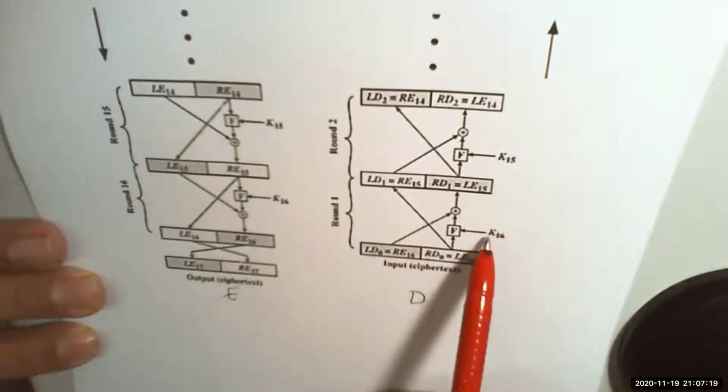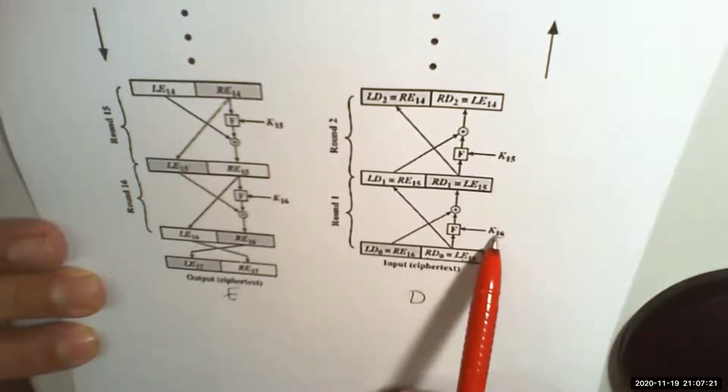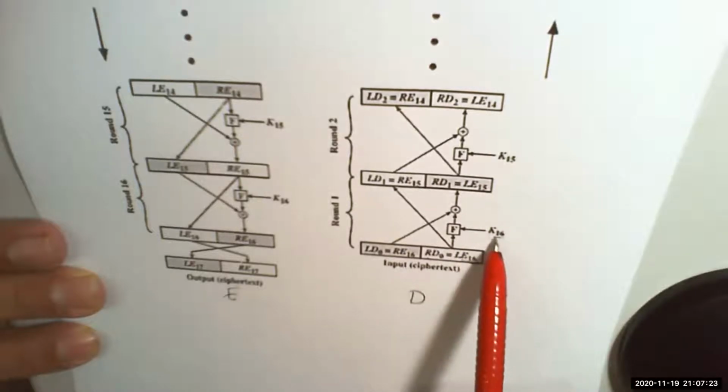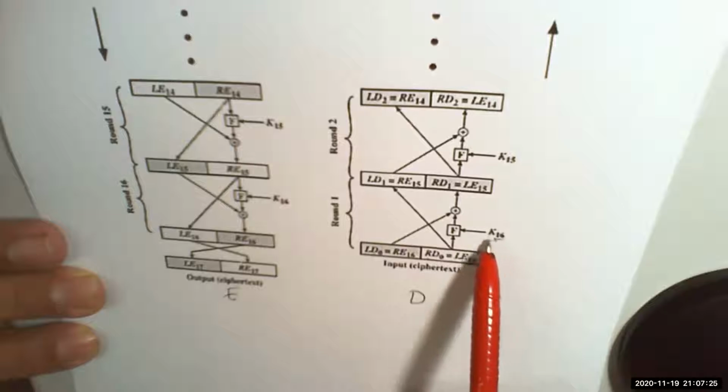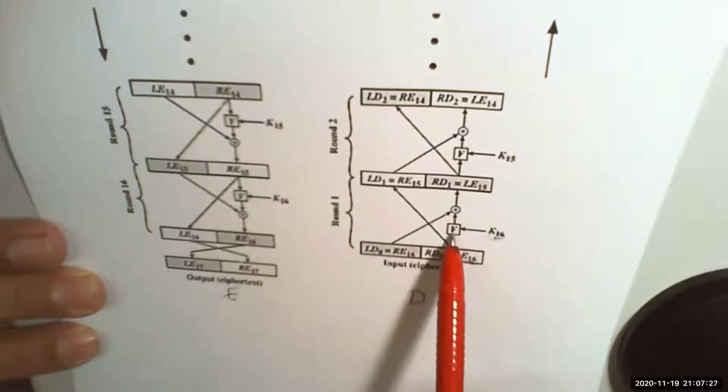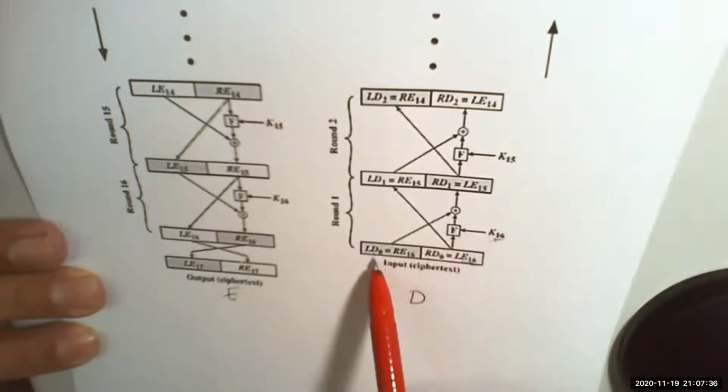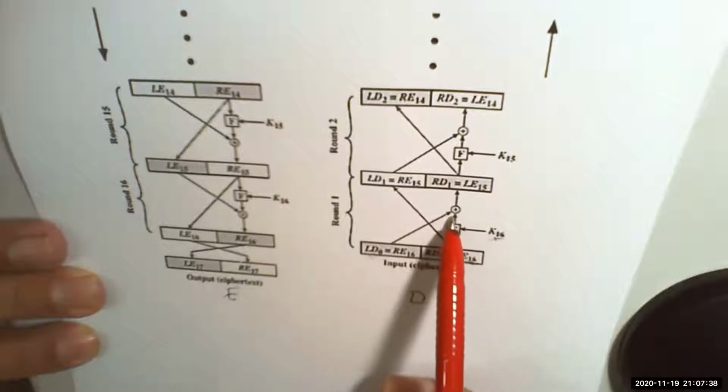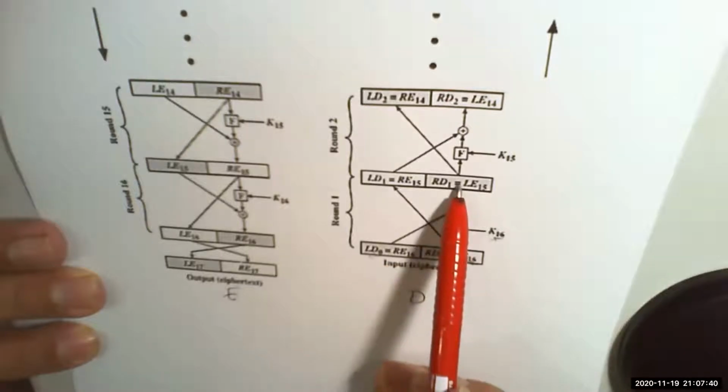And here we find K16, which is the subkey number 16, and the function F. And here we have a block of XOR that takes the input from the function and the input from the LD0 and makes an XOR between them to produce RD1.